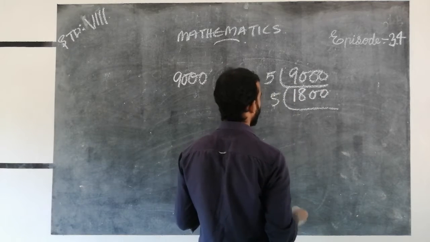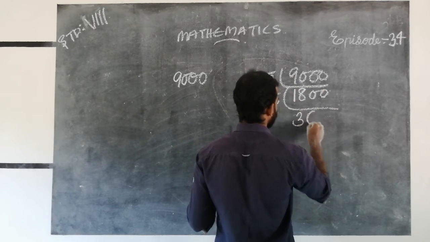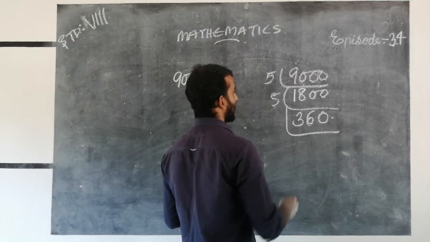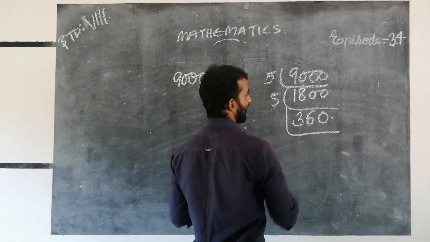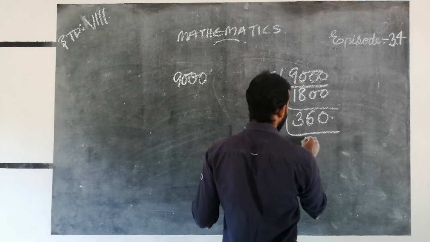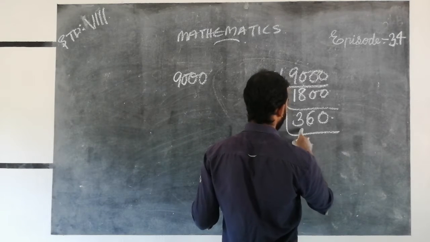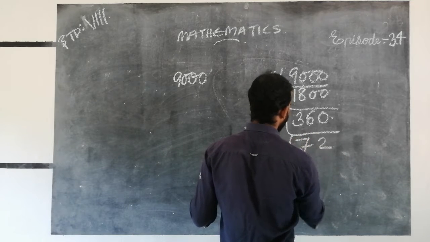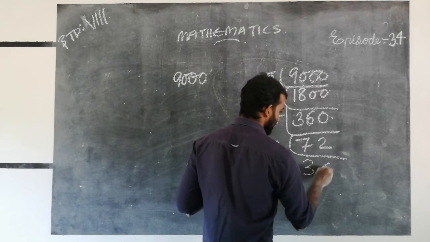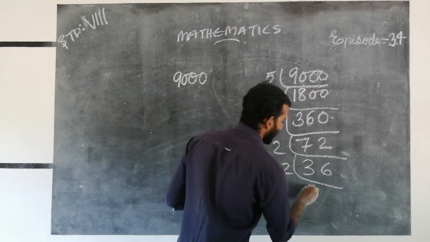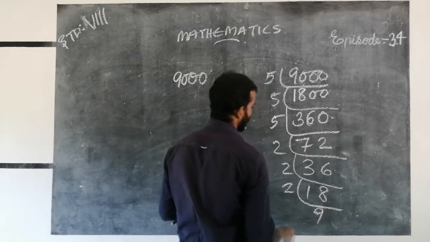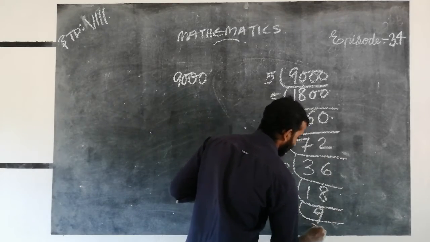Next we also take 5, that is 3, 6 is 0, and next is, that is here 3, we get 30, there is 6, and next is 5, 7 and 2, and 2 equal to what we get? We get 3, 6, 2, 1, 8, 2, 9, that is 3, 3.